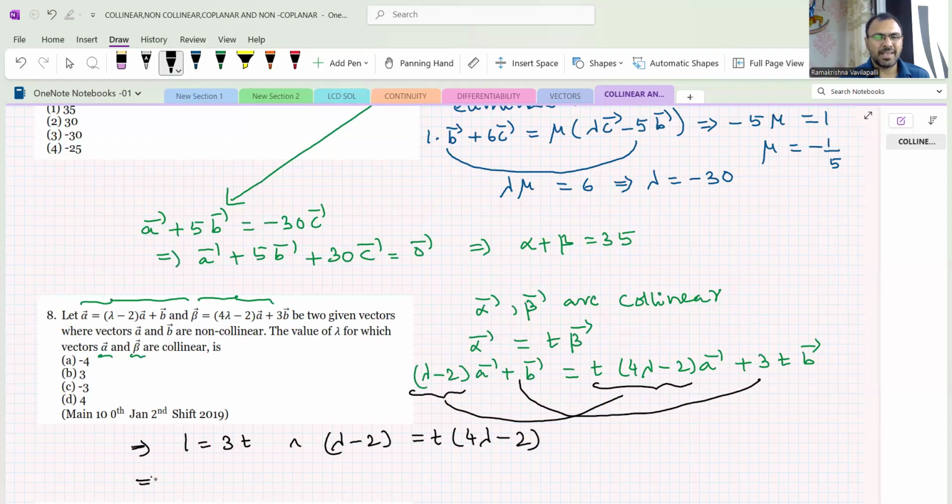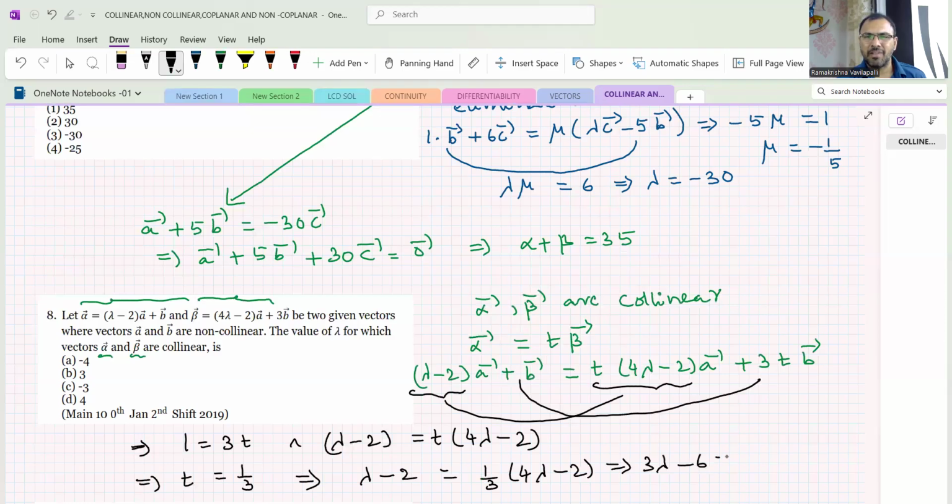This implies t equal to 1 by 3. Now we can get the value of lambda. So lambda minus 2 equal to 1 by 3 into 4 lambda minus 2. I hope you can do these calculations. This is 3 lambda minus 6 equal to 4 lambda minus 2. So lambda is equal to minus 4.